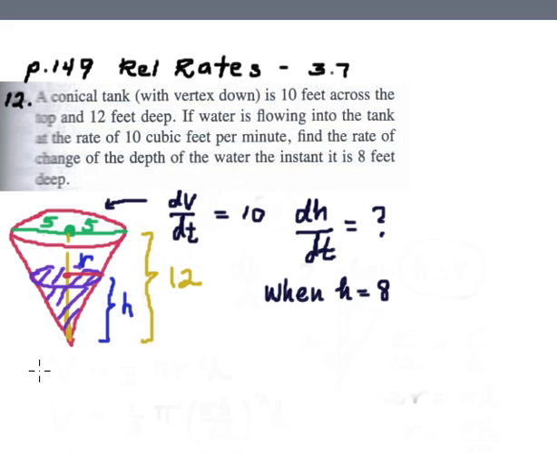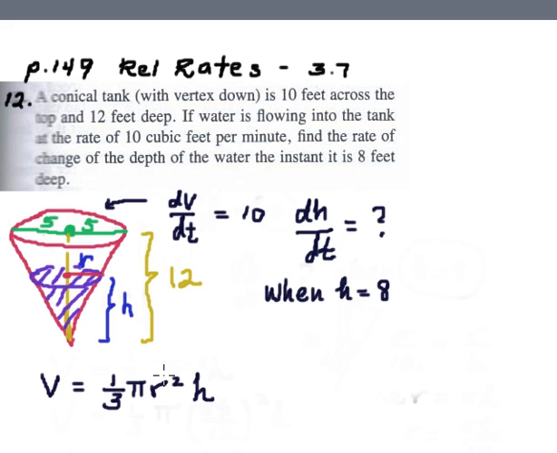All right, we need a formula that relates our variables, that relates V and h. So we're going to use the volume of a cone. Here's the formula for the volume of a cone: V is equal to 1/3 pi r squared h.